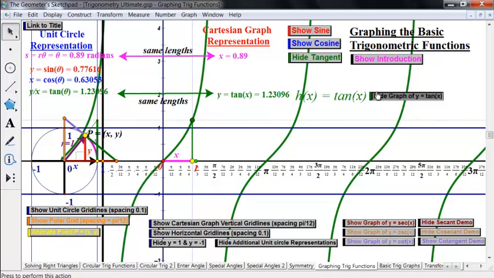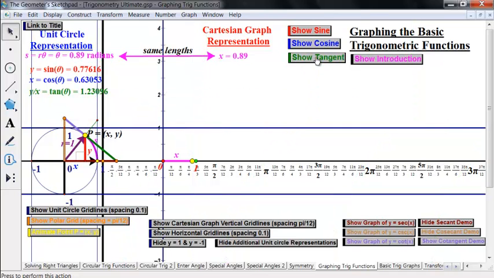And so we can visualize those trig functions. And then we also have our Cartesian graph on the right, where we can visualize those as well. And so each one of these representations can tell us something about these trig functions.